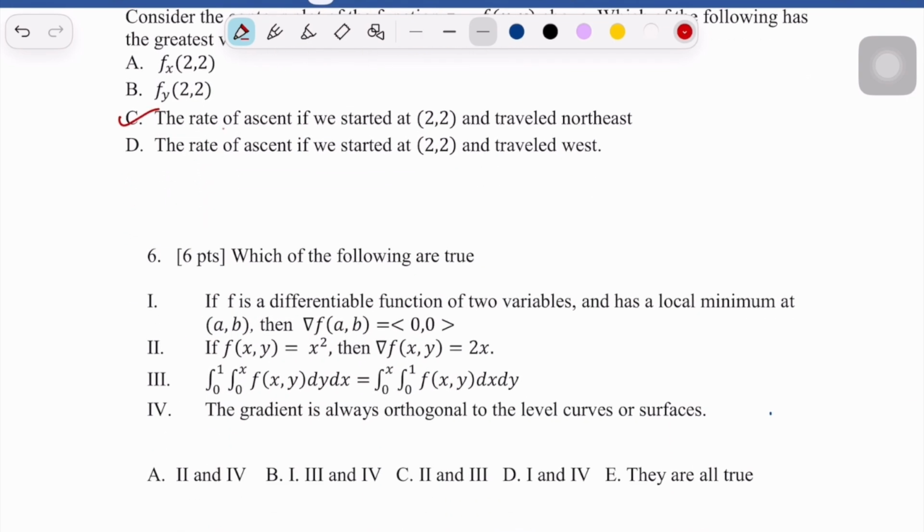But it should be C because it tells you in both x and y, and not just the partial derivative with respect to x or y. Okay, because the rate of ascent is just the gradient.